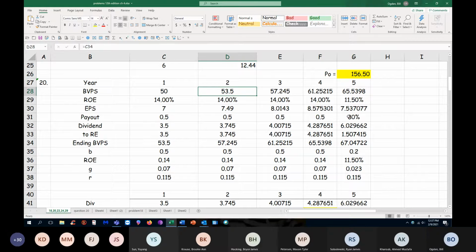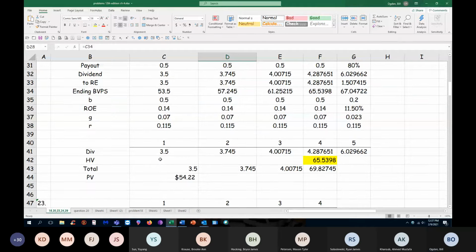All right. And so for my cash flows, I have the first dividend, the second dividend, the third dividend.